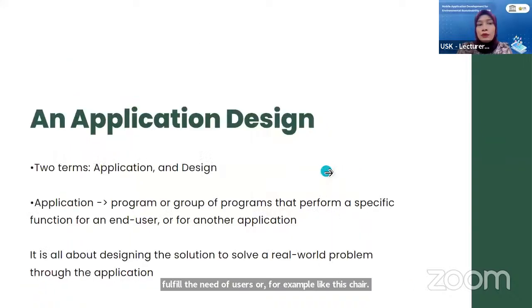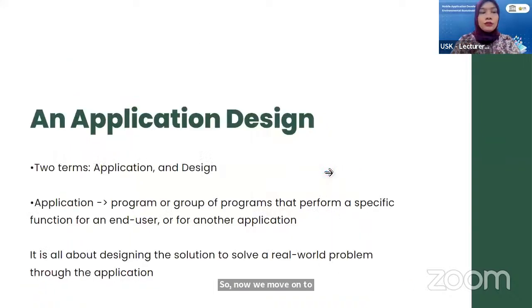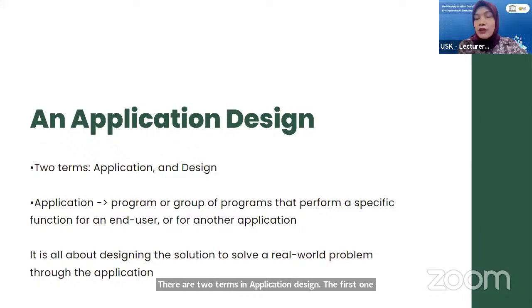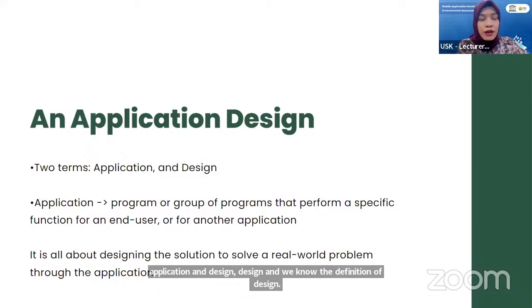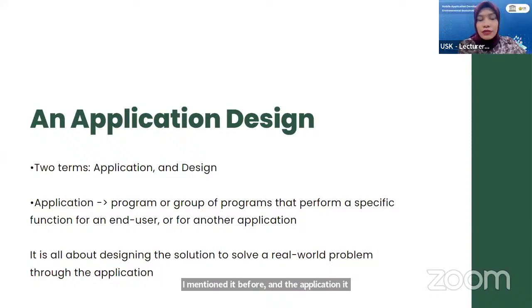So now we move on to application design. There are two terms in application design: application, and design. Design, we know the definition, I mentioned it before. And the application itself is a program or a group of programs that performs a specific function for the end user, like us, or for another application.